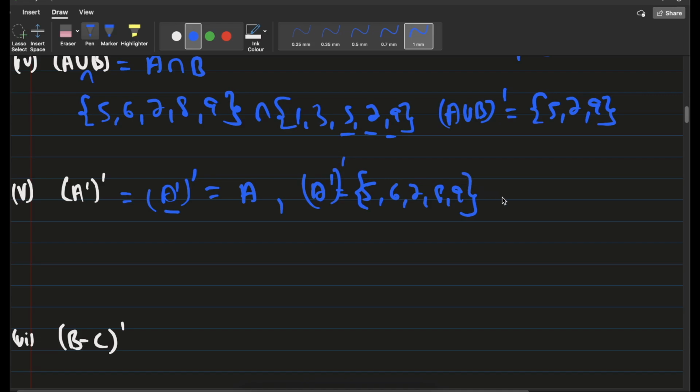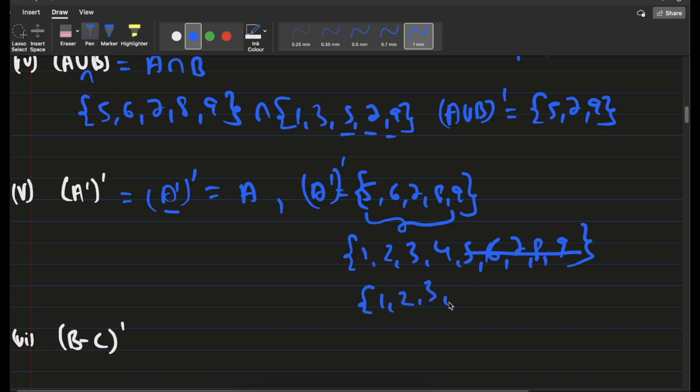So we have to remove these elements from our universal set, which was 1, 2, 3, 4, 5, 6, 7, 8, and 9. Remove 5, 6, 7, 8, 9. What are we left with? 1, 2, 3, and 4. And I guess it was our A set only. So here we verify that A's double complement gives the answer back as A only.